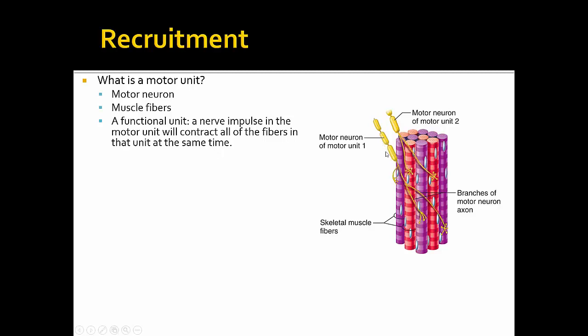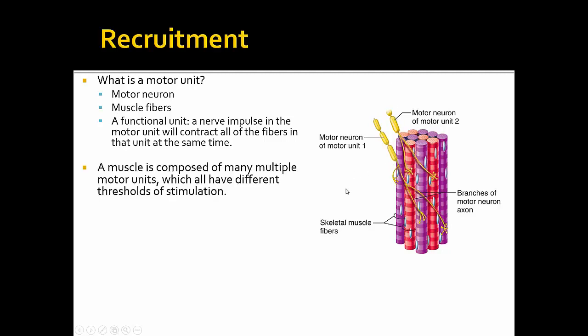Here's the motor neuron for motor unit 1, and it's got a few points that it contracts to, a few different fibers, and this one has fibers that it attaches to too, okay? They separate them by color. So motor unit 2 has the red ones and motor unit 1 has the purple ones. So an impulse on this motor neuron will contract the purple fibers. An impulse on this motor neuron would contract the red fibers.